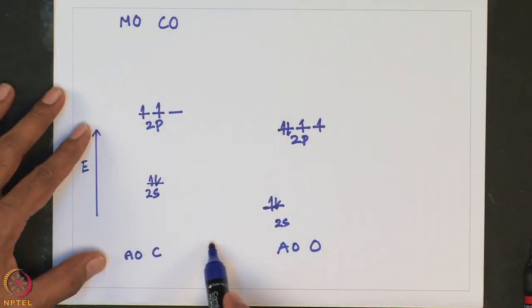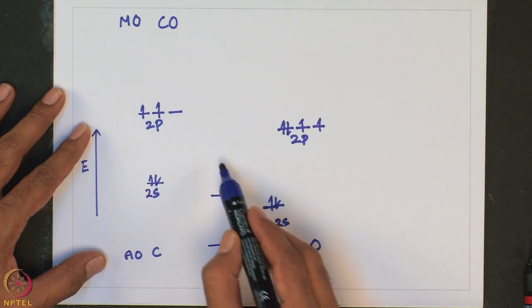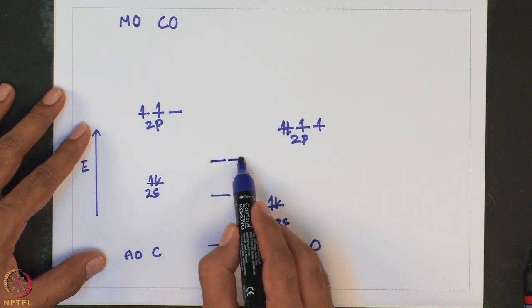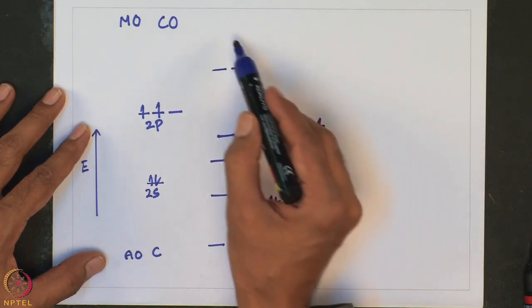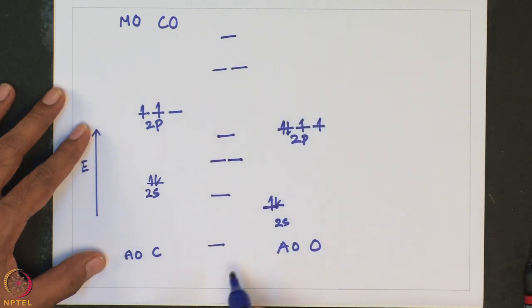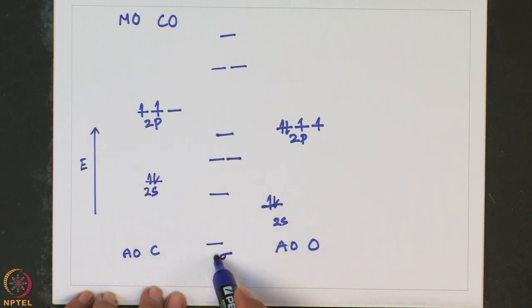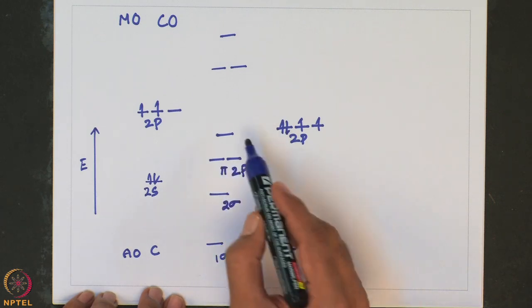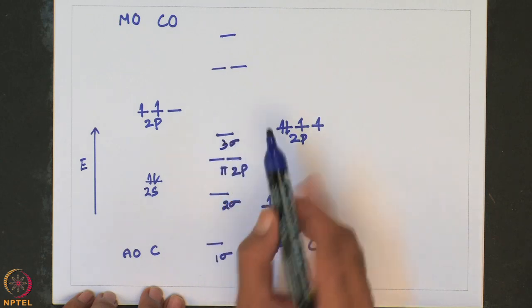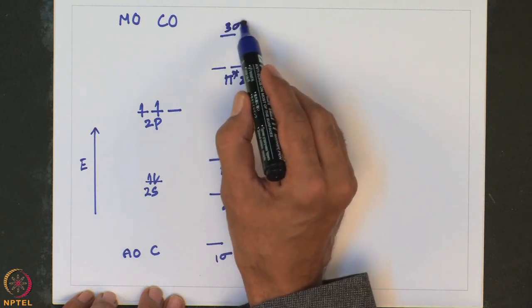So, here let me write relative energies, one here, one here, so here it is sigma, called 1 sigma, here 2 sigma and pi 2p, and 3 sigma, pi star 2p and 3 sigma star.